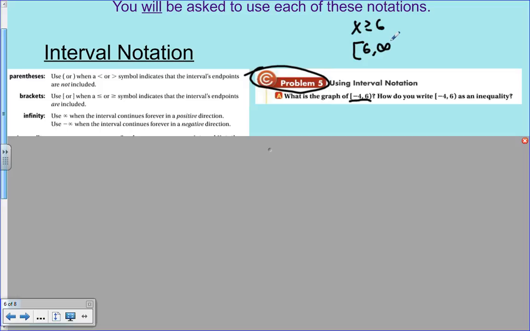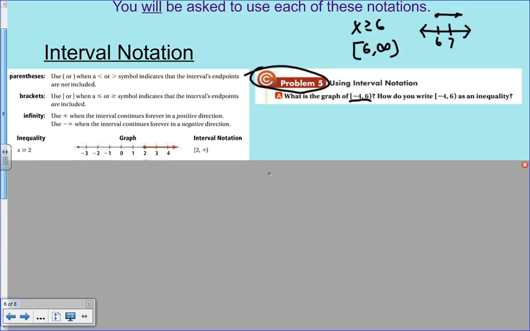And since it would go into infinity, we would just have a parentheses there. Now if it went backwards, we could have negative infinity on the left and 6 on the right. But it's going to the right. That's how the graph would be, because the graph would look like this: you'd have 6, 7, and it's a closed circle going all the way to the right and never going to stop.